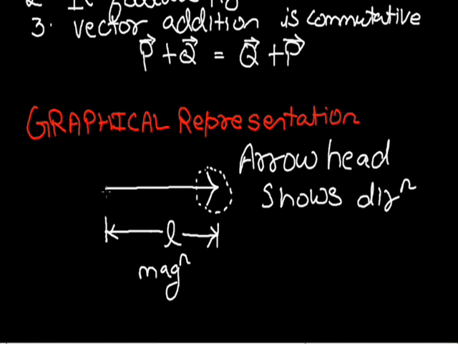So the length of the line which we draw represents the magnitude, and the direction is given by the arrowhead.